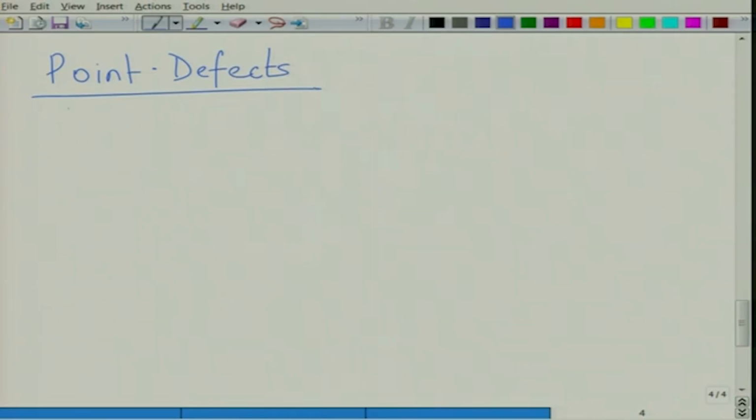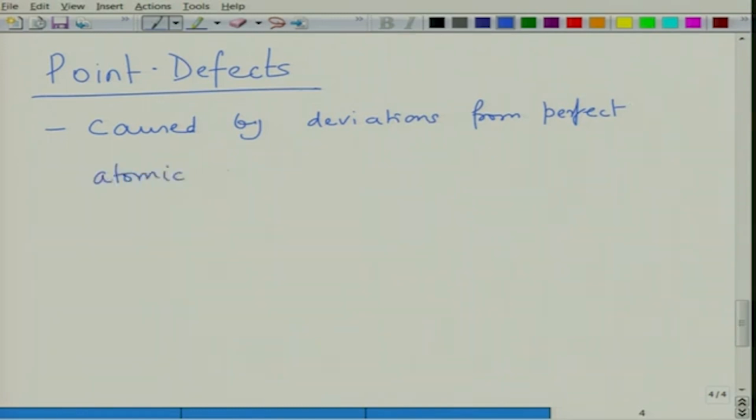These point defects are basically caused by deviations from perfect atomic arrangement or stoichiometry.